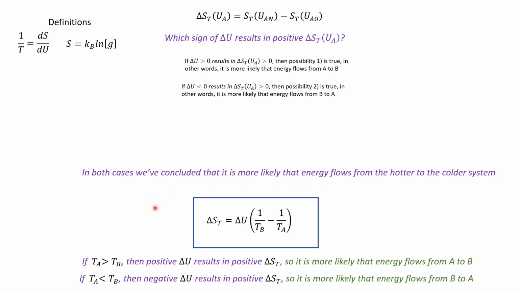We could answer this question invoking the second law of thermodynamics. We can say that energy flows from a hotter to a colder system because this is the process that increases the entropy. As you have just seen, this is the process making delta ST positive.